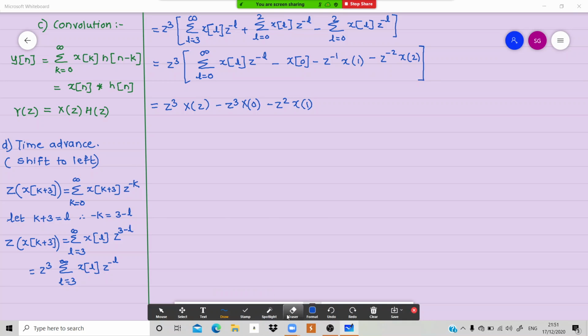Sorry, this should not be capital now. That is just an instantaneous value. It should be small only. Why write capital? Yeah, x of 0. Then z square, that means just z, x2.